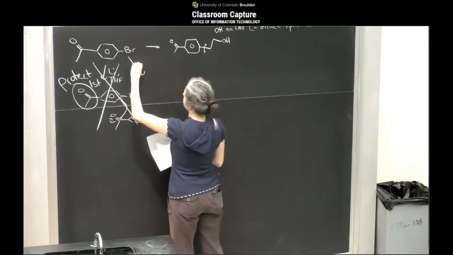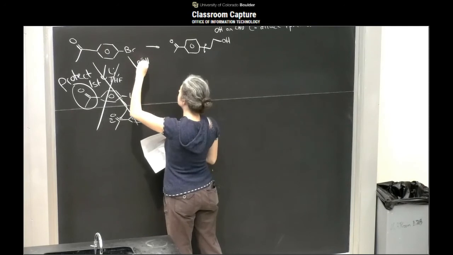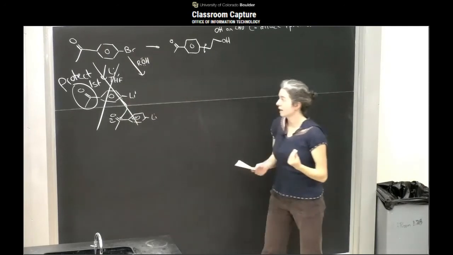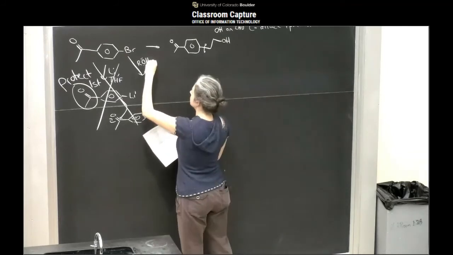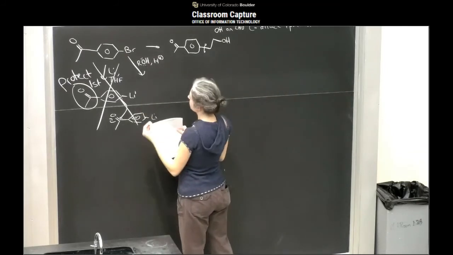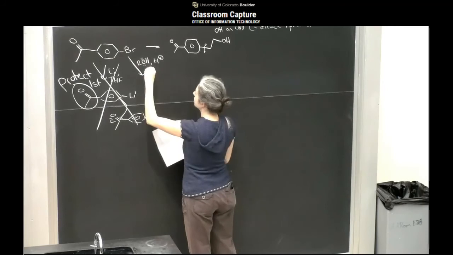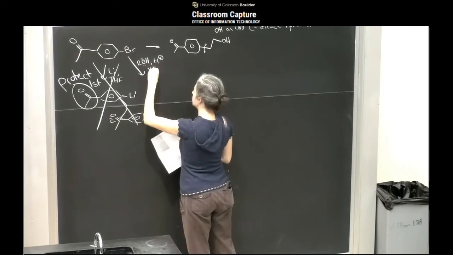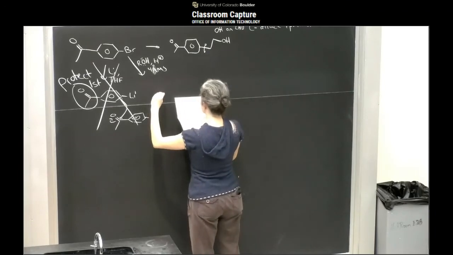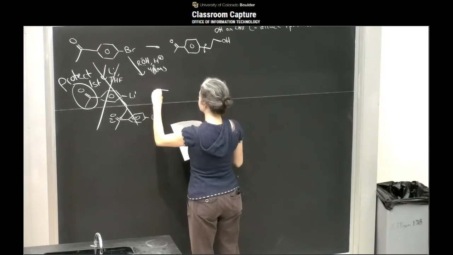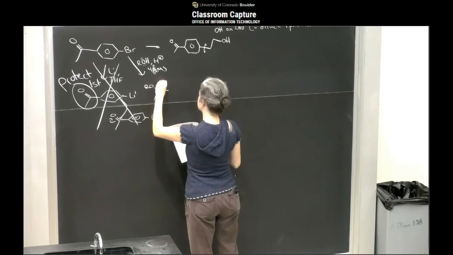But you can, if you want, just leave it as ROH, because in the long run it doesn't matter. That RO group is going to come back off the molecule anyway. Okay, so we want to have ROH, acid, 4 angstrom molecular sieves. We are going to protect this as the acetal.